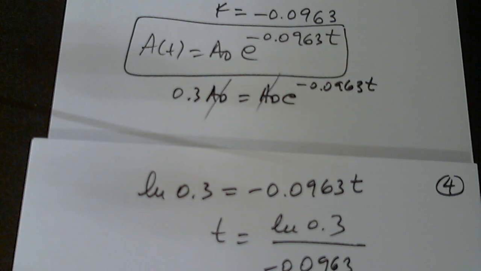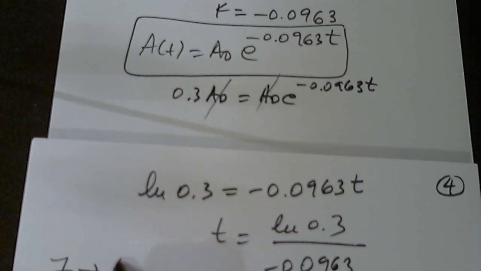You will get the best answer possible. So 12.5. So time is 12.5 days. As expected, it has to be more than 7. Because in 7 days, it drops to 50%. In 12 days, it will drop to 30% of the original amount, which makes sense.